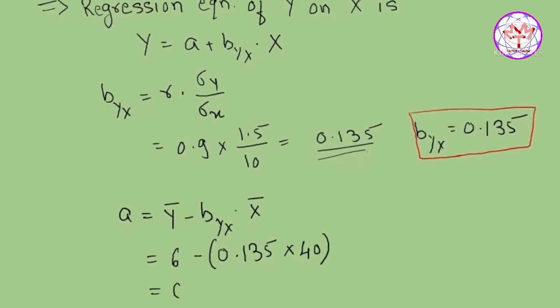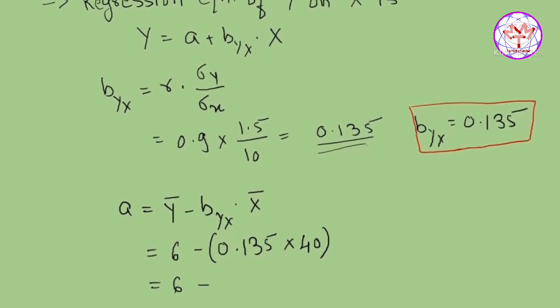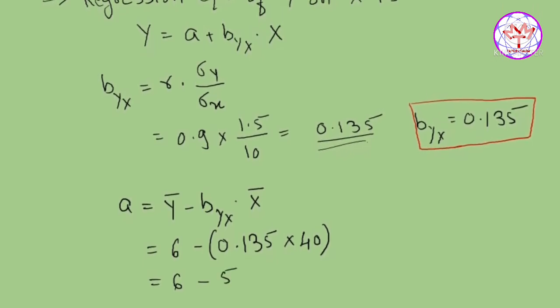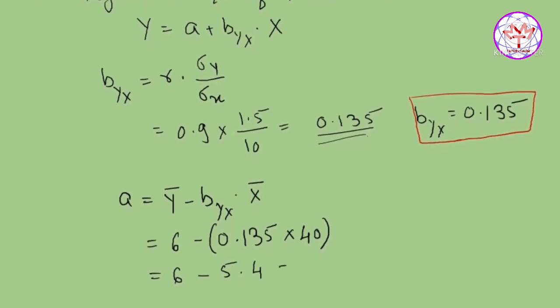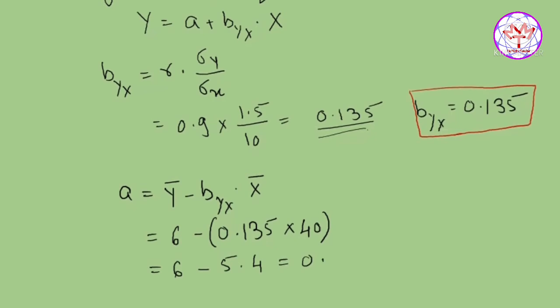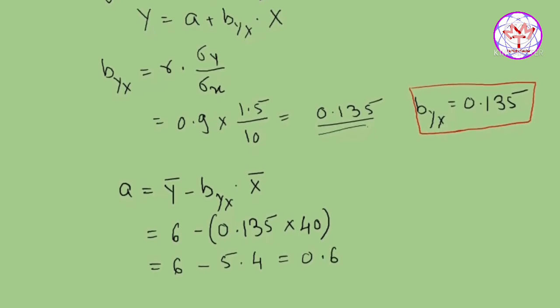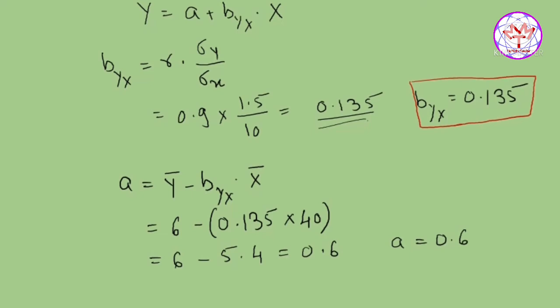So that is equal to 6 minus 0.135 into 40 is equal to 5.4. So this is equal to 6 minus 5.4 is equal to 0.6. So we get a is equal to 0.6.